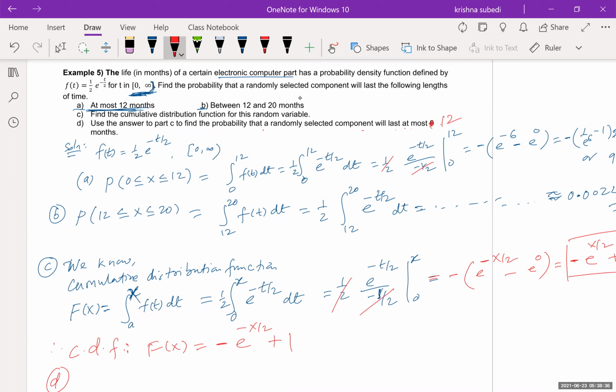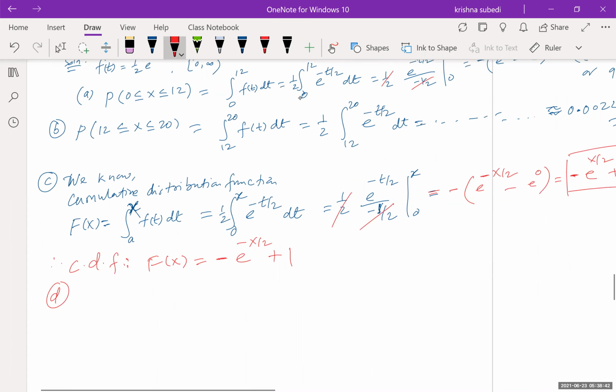So when x equals 12, f of 12 is going to be negative e raised to power negative 12 over 2 plus 1. I want you to calculate this. Negative e raised to power negative 6 plus 1.